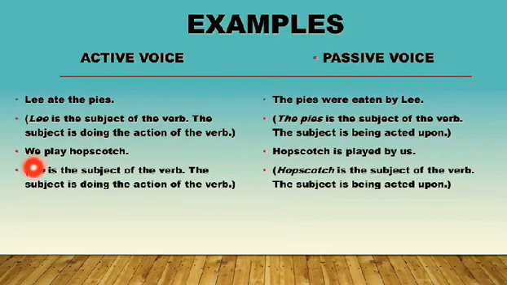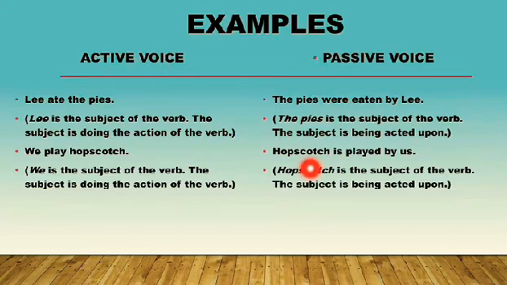Since we is the subject, play is the verb, and hopscotch is the object, what happens is the subject comes in the place of the object, which has happened here. The object goes to the place of the subject. That's why we have brought hopscotch at first. Okay, in the passive voice, what happens?